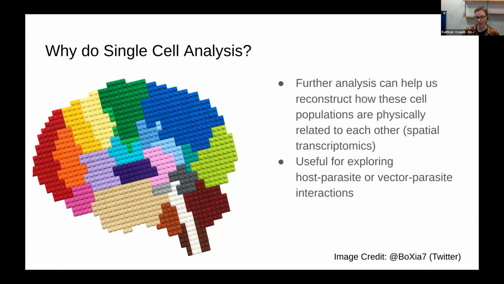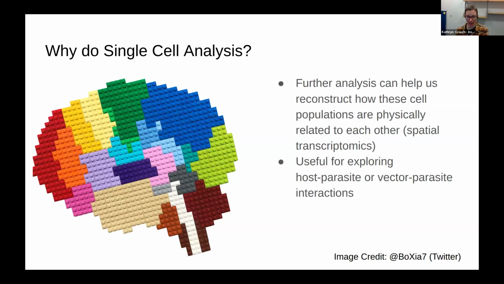And this is a really helpful technology for exploring host parasite or vector parasite interactions. At the moment on VEuPathDB, we don't have capacity for spatial transcriptomics. We do have single cell, and we'll get to that in a second.